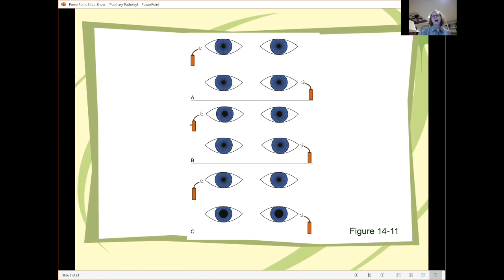Now we shine a light back in the right eye, and both pupils relatively dilate compared to when we had the light shined in the left eye. So this is a right relative afferent pupillary defect, a little bit less severe than what is seen in C.